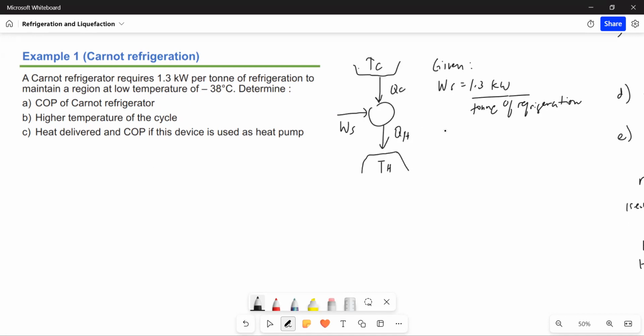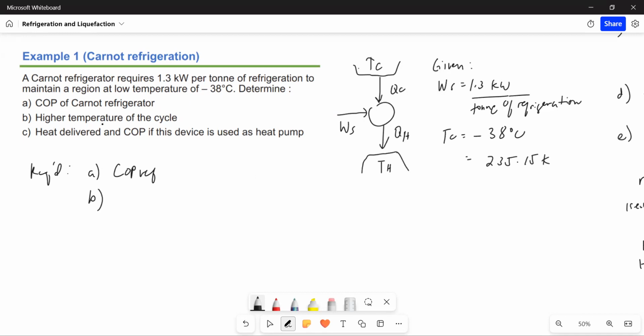Also, we're given the temperature of the cold temperature or refrigerated space, which is negative 38 degrees Celsius. Converting to Kelvin, that is 235.15 Kelvin. What we're being asked is for A, the COP of the refrigerator.